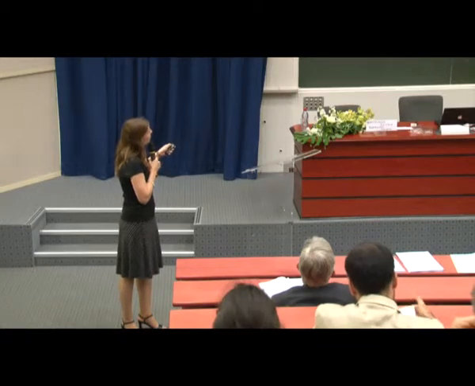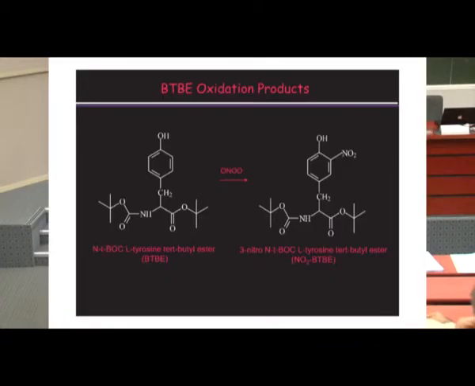So the experimental strategy was to incorporate these probes, either BTBE or the transmembrane peptides, into liposomes or membranes. These liposomes have different fatty acid compositions, so we will work with saturated and unsaturated liposomes. We will expose these liposomes to oxidants such as peroxynitrite. We perform an organic extraction, and then we separate the oxidation products by reverse phase HPLC.